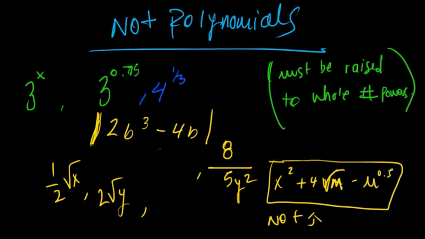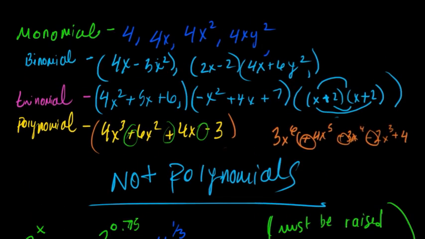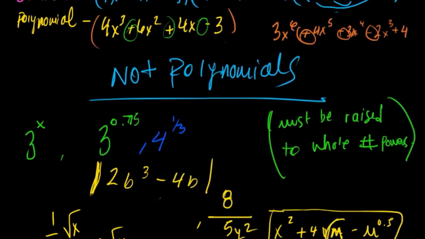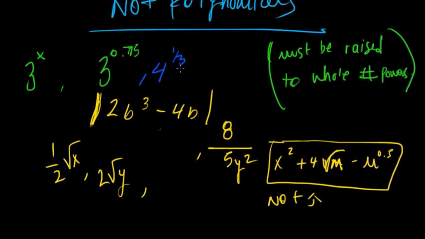So we've gone over in this video what polynomials are and what the different types of polynomials are, and we also talked about what weren't polynomials. Your exponentials aren't polynomials. Your rational powers aren't polynomials. We need all powers to be whole numbers, right?